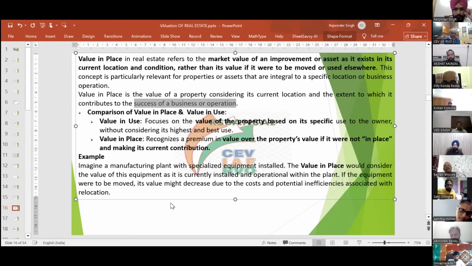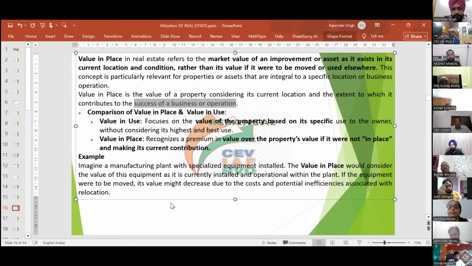So let us suppose you have a franchisee of Haldiram, or a McDonald outlet. If it is situated on a highway, it will have more business.